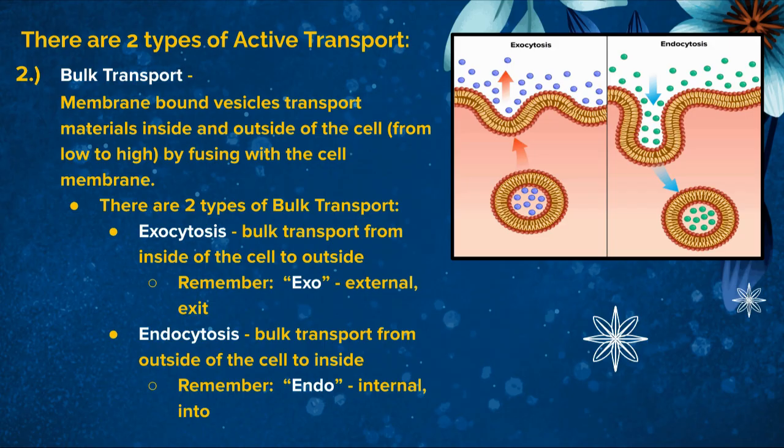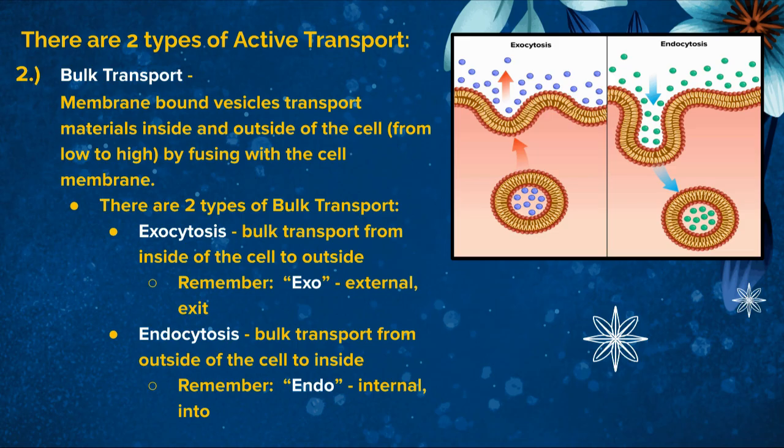So there's 2 types. The first type is exocytosis. Exo, I want you to think of the word exit. So these are when vesicles are moving things out of the cell. They are exiting out. Endocytosis is the moving of things inside of the cell. So this is when the cell is going to pinch things to bring them in.